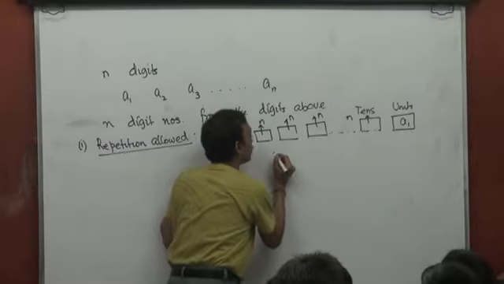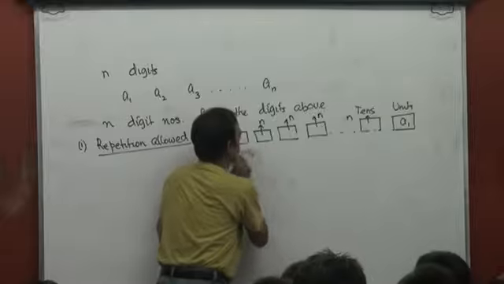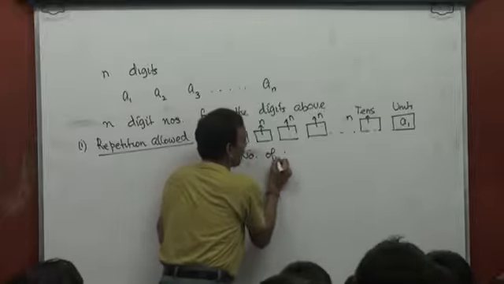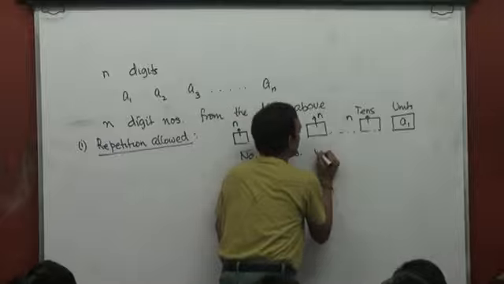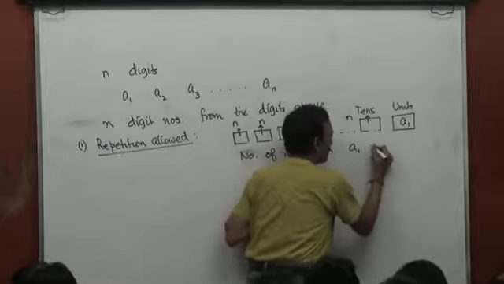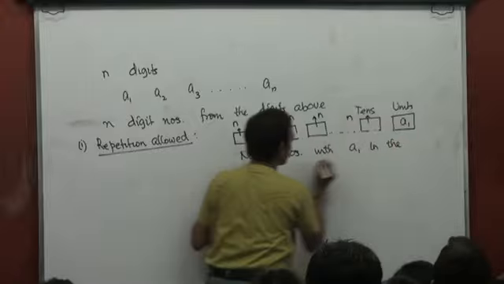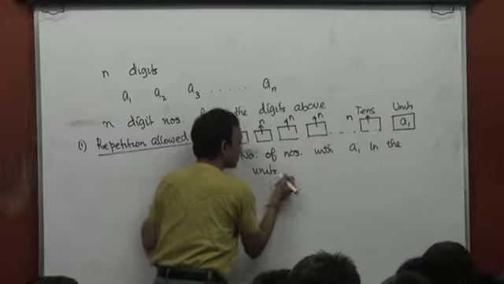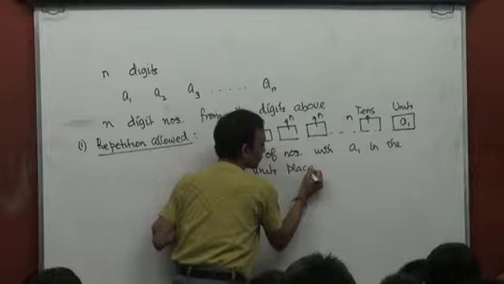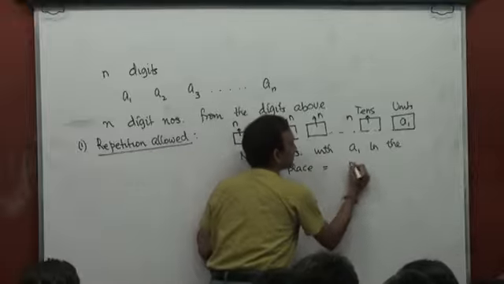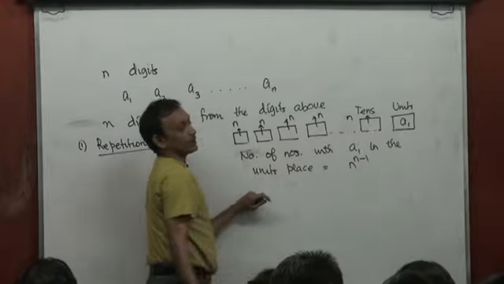So the number of numbers with A1 in the units place is n to the power n minus 1.